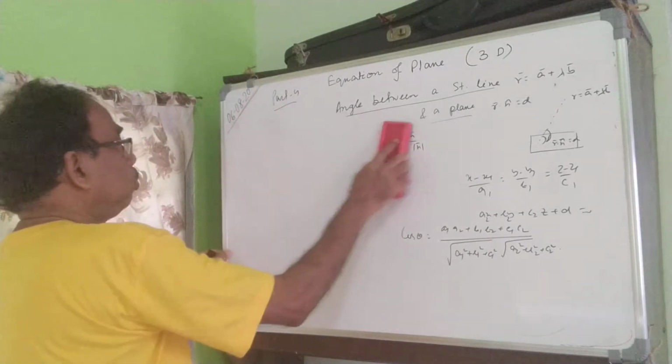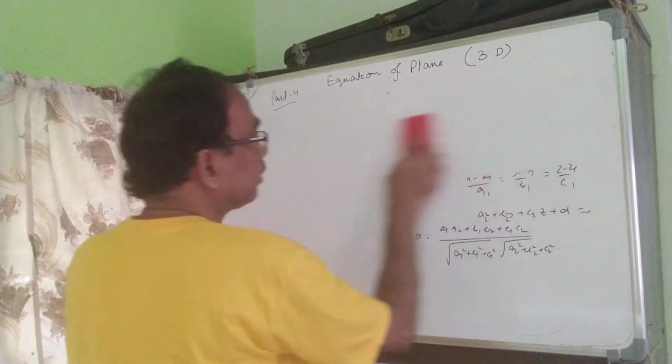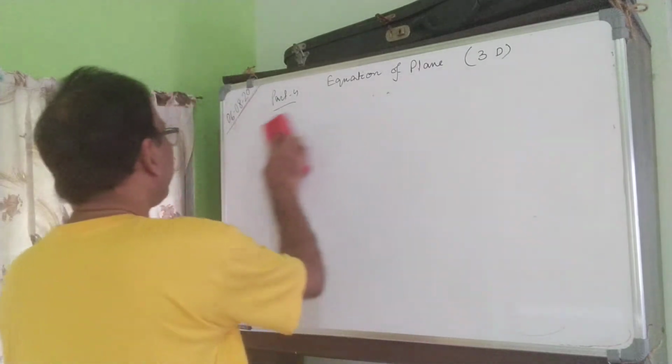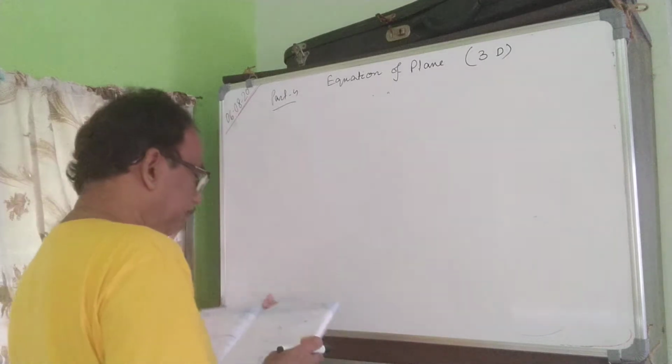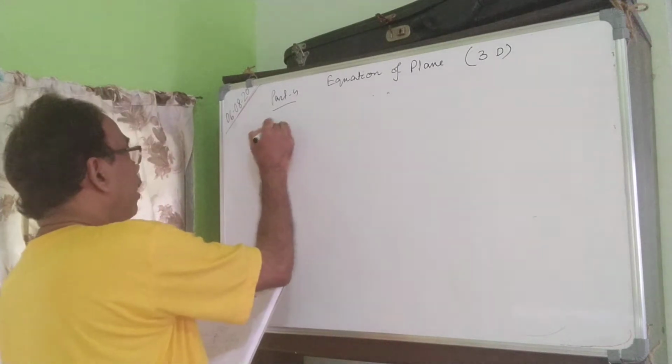Okay, now let us do sums relating to these two formulas, the vector equation of a straight line and a plane. Find the angle between the lines. Sum number 1.